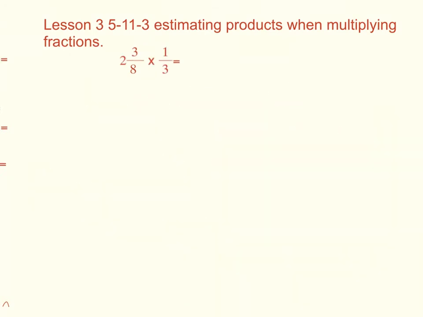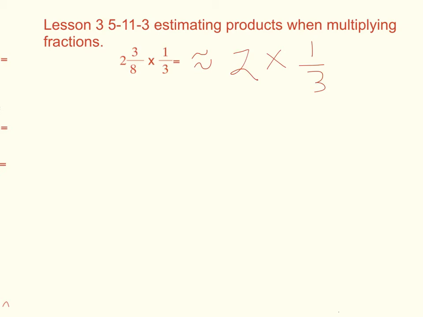Okay, everybody, let's try another one. This one's a little different. We have a mixed number and a fraction. So 2 3/8 by 1/3. So what we're going to do here, we're going to think 2 3/8. We're going to round that to a whole number. So we're going to say 2. Then we're going to say times 1/3, because that's pretty easy, I think.